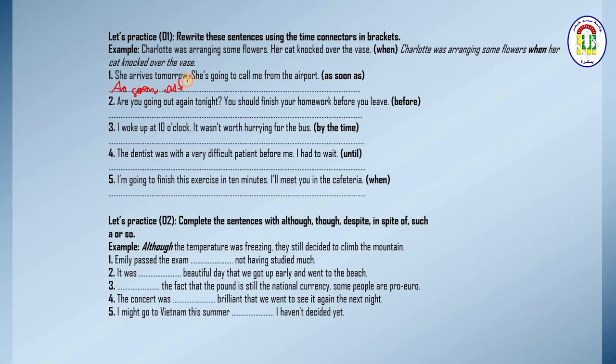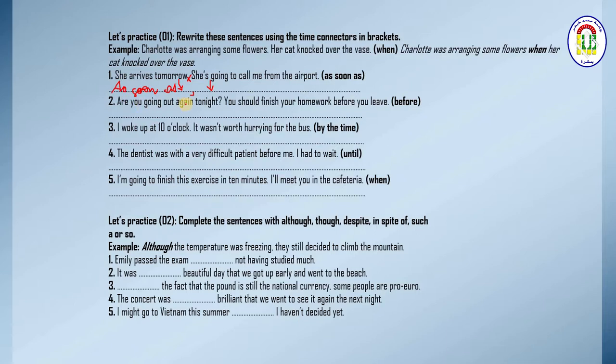I omit, of course, the full stop and instead put a comma, and I take this one and write it here. So we have this second possibility. I say, "As soon as she arrives tomorrow, she is going to call me from the airport." This is very simple. Okay, let's see another example.